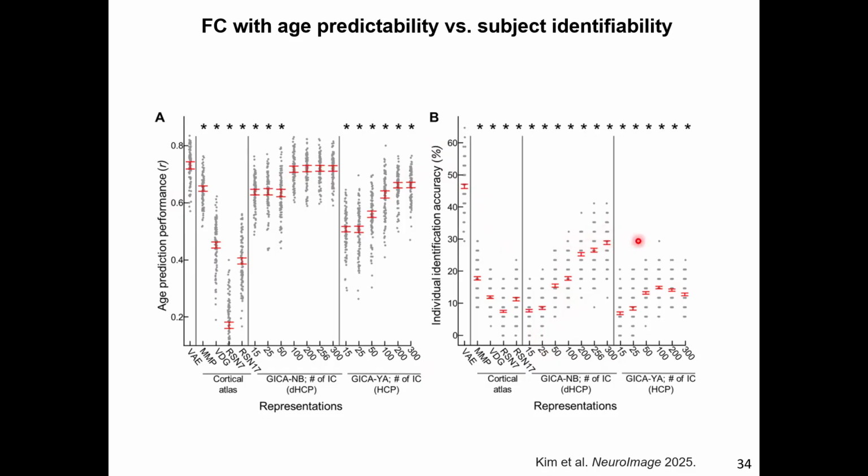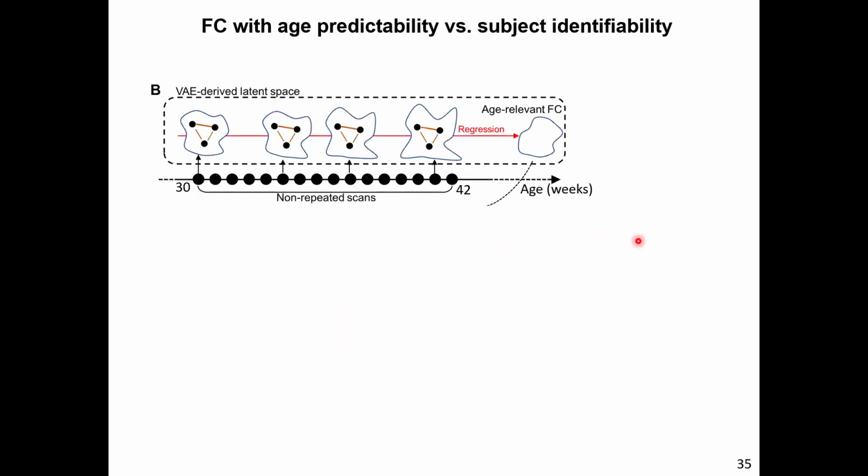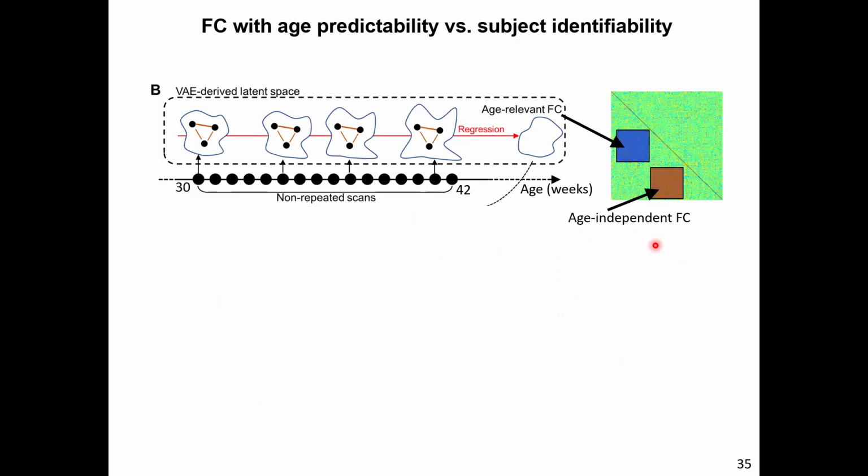We then further questioned, as mentioned, that there is an effect from aging. We were curious whether we could separate the functional connectivity that is relevant to aging from age-independent functional connectivity.